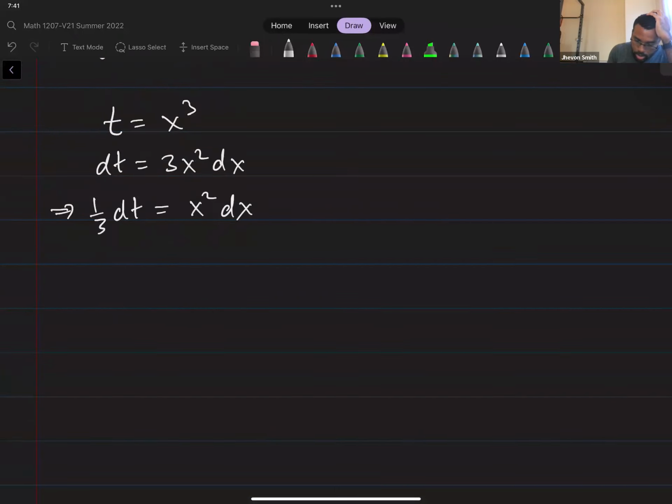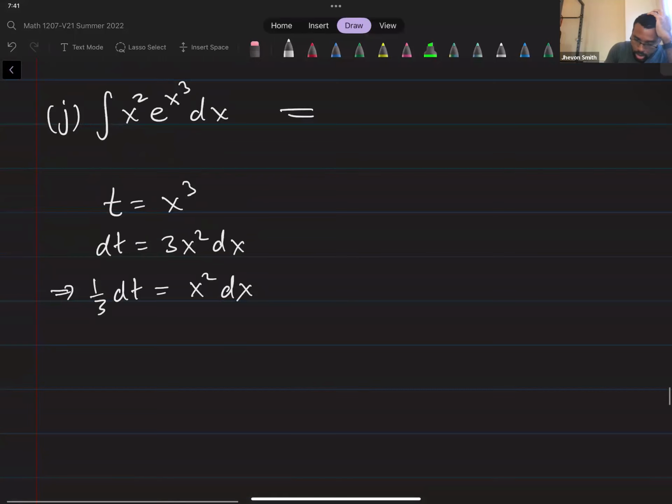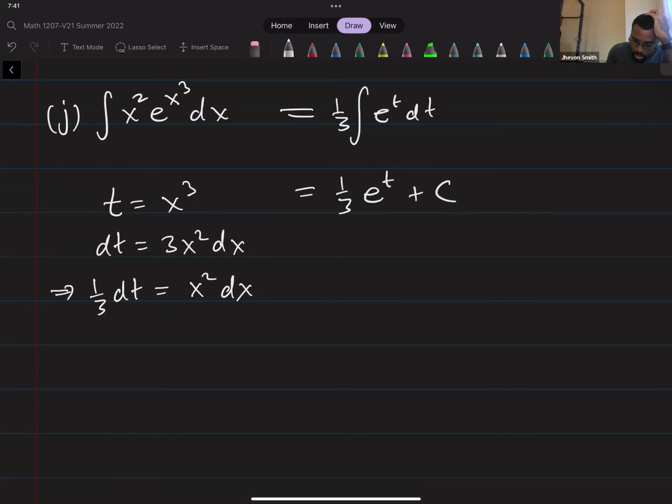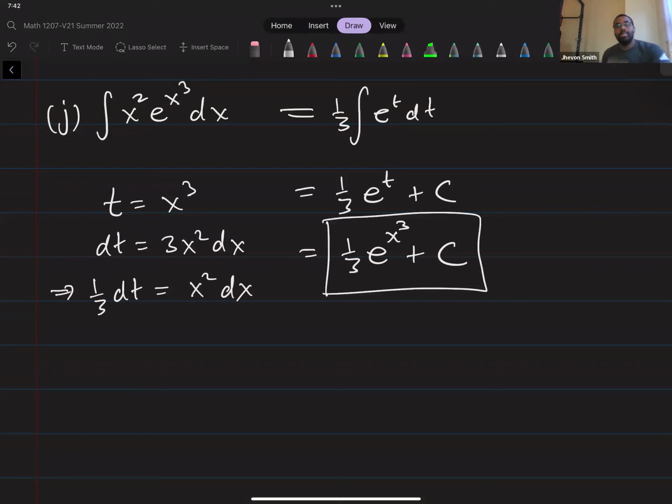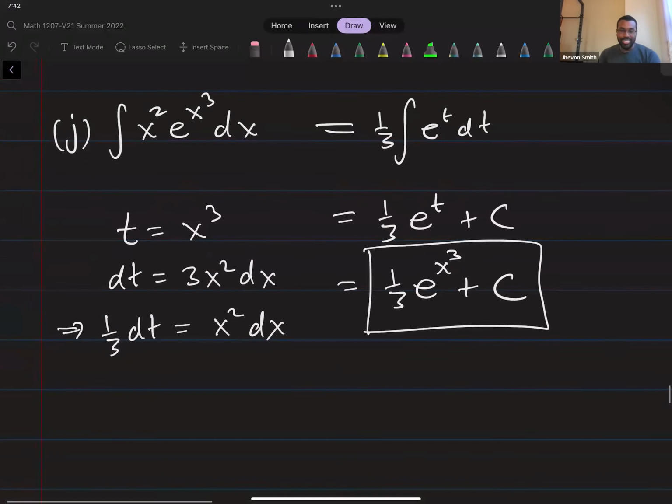So that means your original integral becomes 1/3 the integral of e to the t. Well, that's just e to the t. Yeah, it's just a regular substitution.